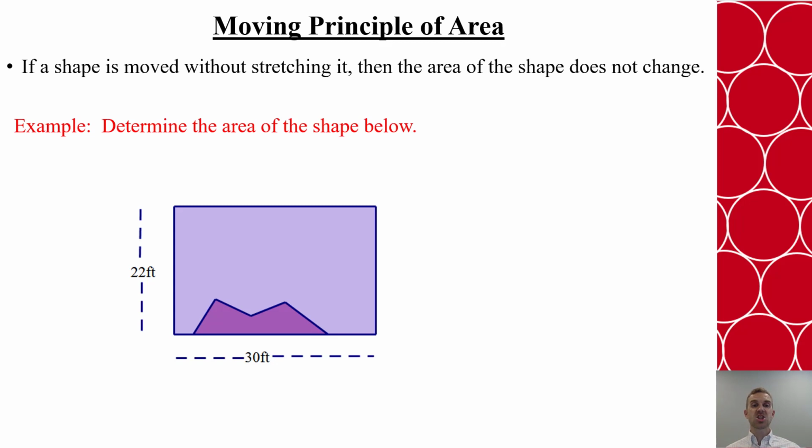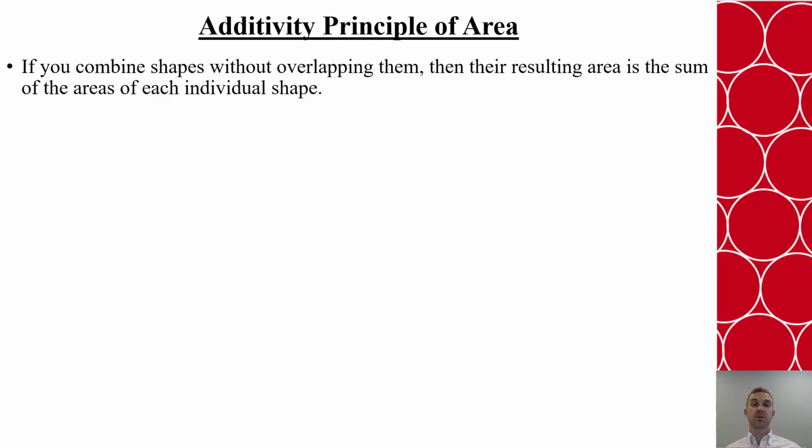I haven't changed the shape, I've just moved part of it to create the recognizable shape. Then I can use my area for a rectangle of length times width and find that its area would be 660 square feet.